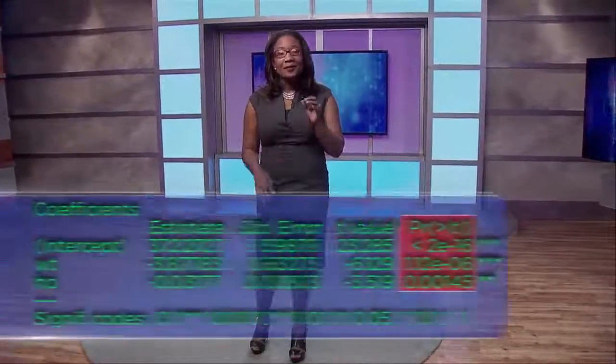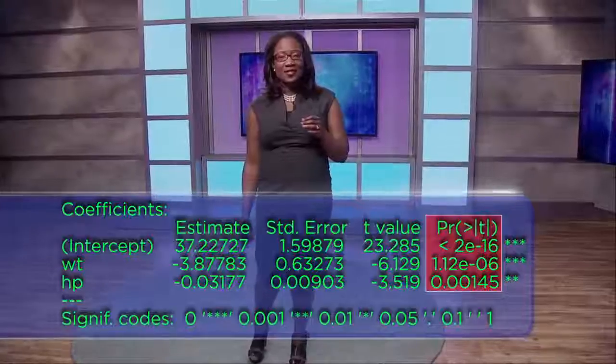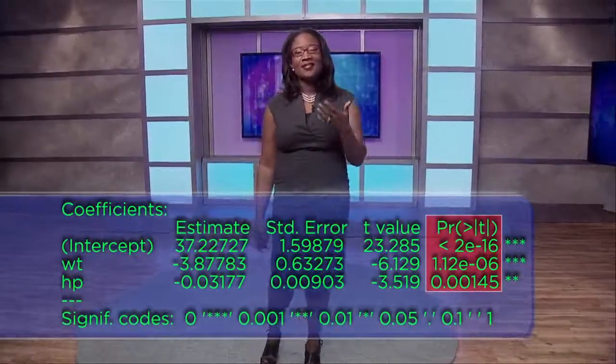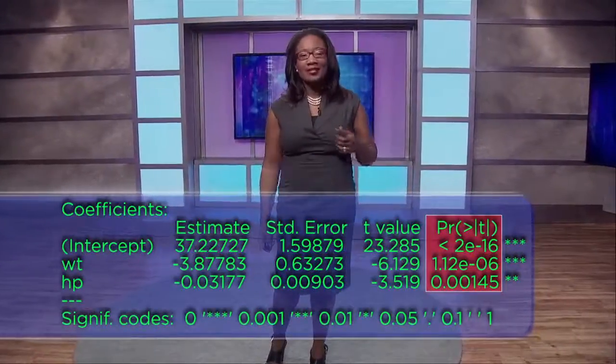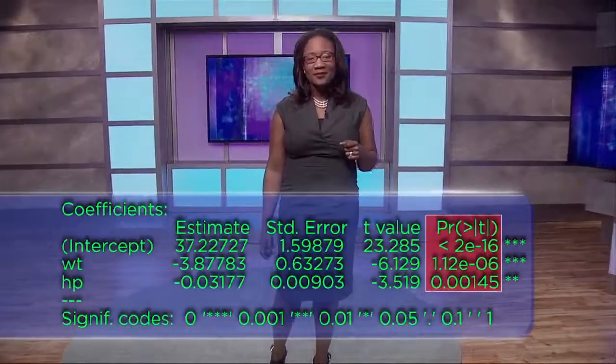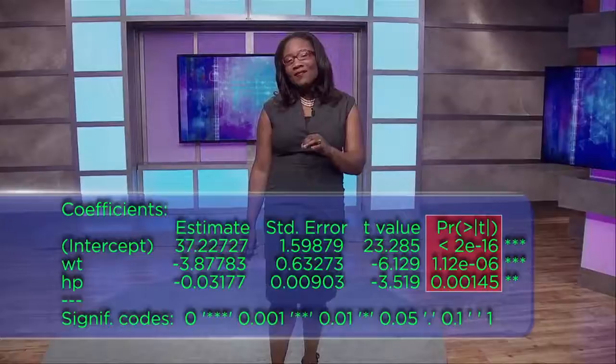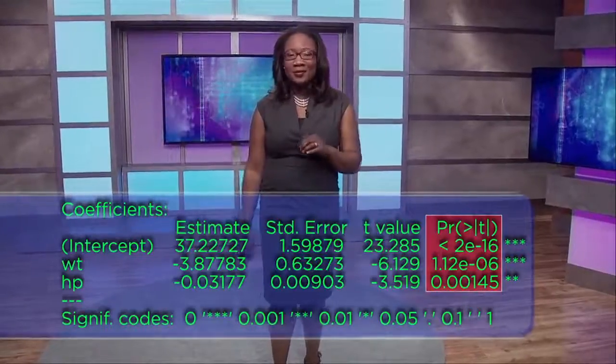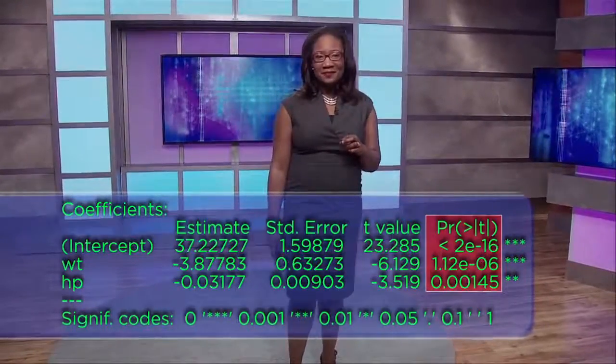Now, intuitively, this makes sense, right? The heavier my car gets, the lower miles per gallon I'm going to tend to get. The p-value for each of those coefficients tells us whether it's a significant predictor of y, given that the other explanatory variables are in the model. Notice that the p-values for both weight and horsepower are significant.